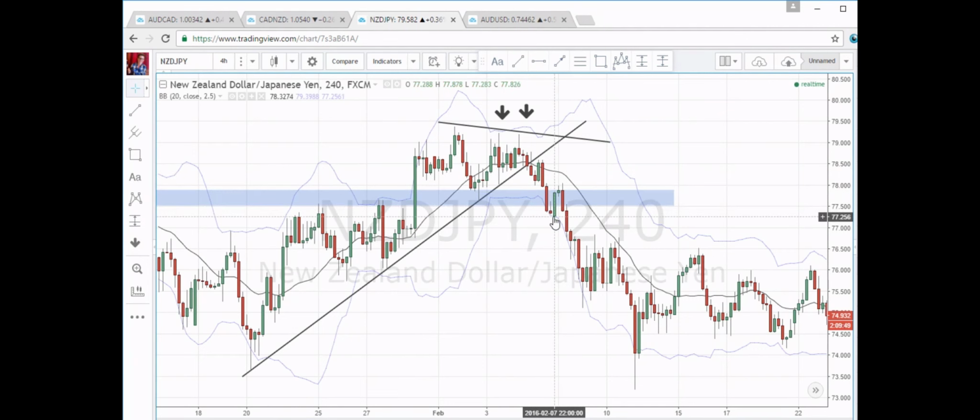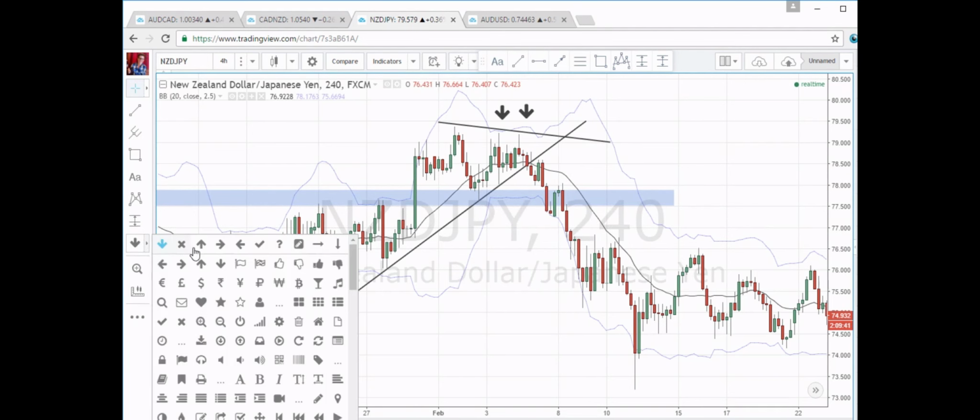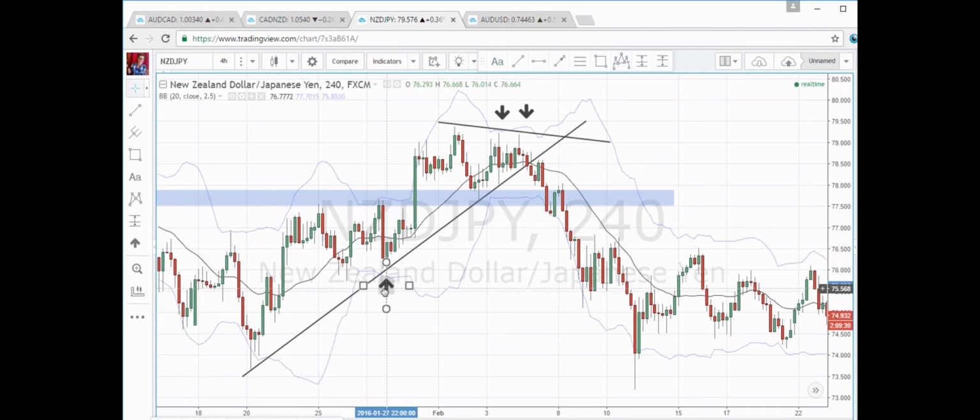We seem to have broken lower, we came back into it, we retested it, and so you can see that price is also changing from making higher lows. We had a higher low here, a higher low here, and then now we have a lower low here at this area.